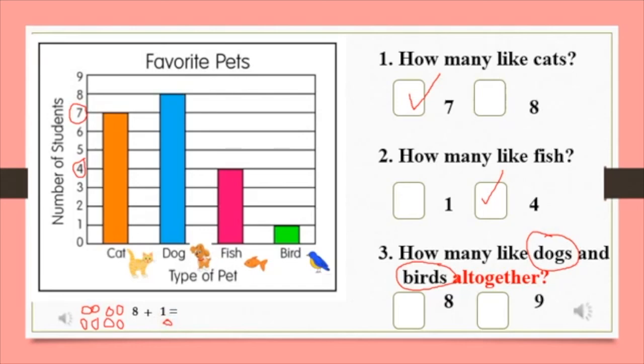How many students like dogs and birds all together? 9. Excellent job. Pat yourself on the shoulder 5 times and give yourself some kisses. You are doing an excellent job.